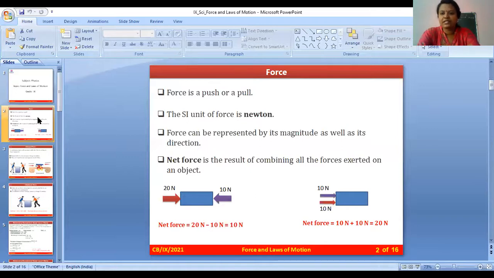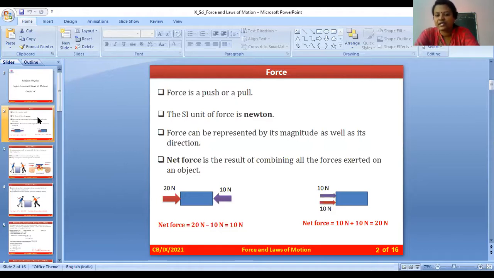Net force, that is the total force, is the result of combination of all the forces exerted on that object. Let us see some examples where you could see 20 Newton on the left side and 10 Newton on the right side being applied.